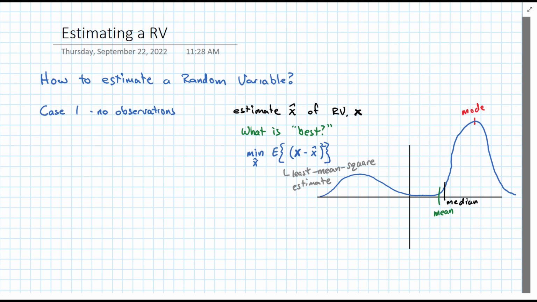In fact, it's unlikely to be anywhere near the mean value. So our LMS estimate isn't always the best estimate that you would want. But for now, it's a good one that we can start investigating and seeing how things work out.